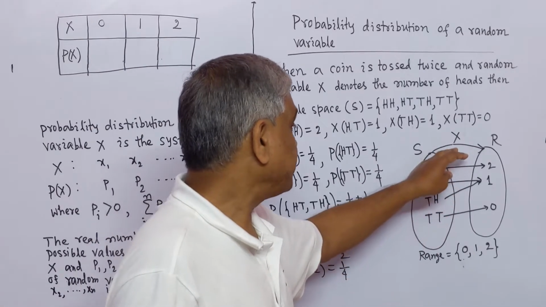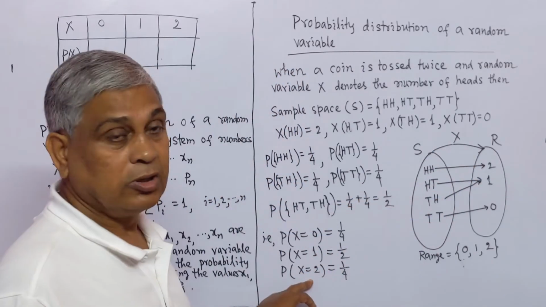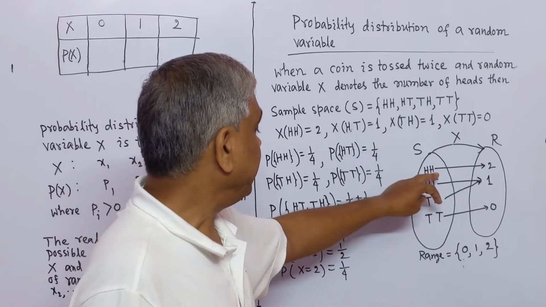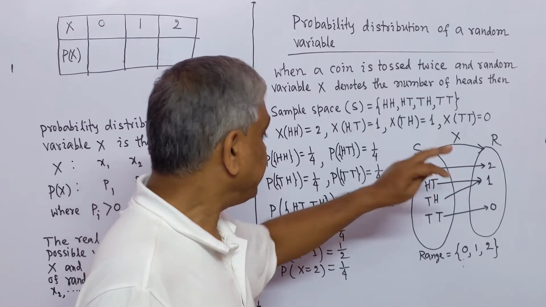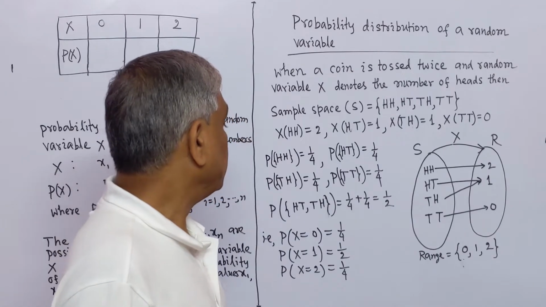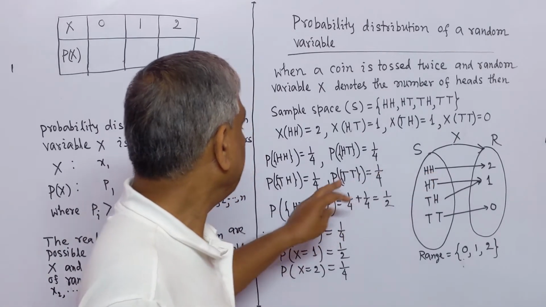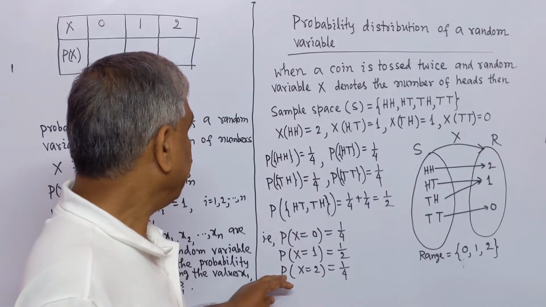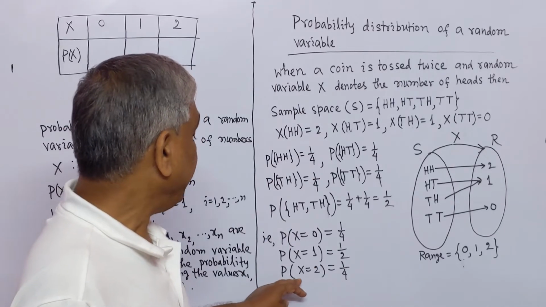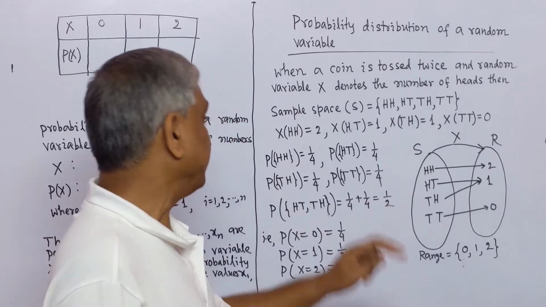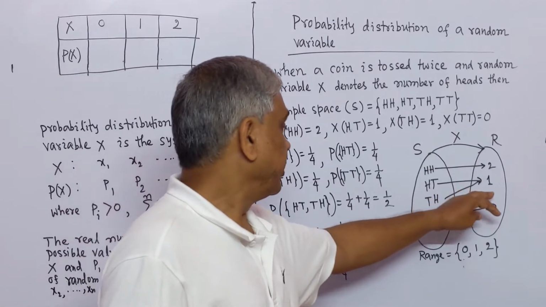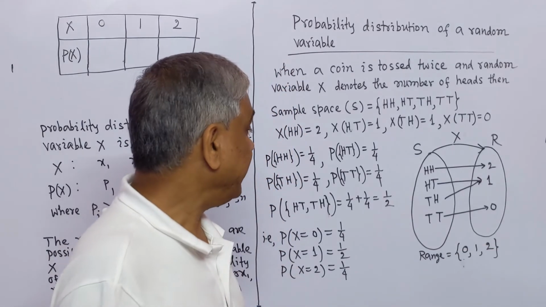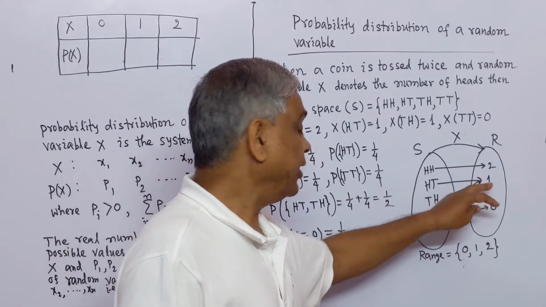Here X equal to 2 means we are dealing with the element HH whose probability is 1 by 4. So we write probability of X equal to 2 equals 1 by 4. Now the real number 1: we relate this 1 with probability.